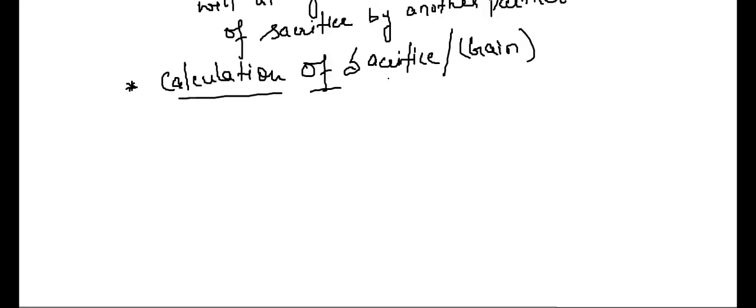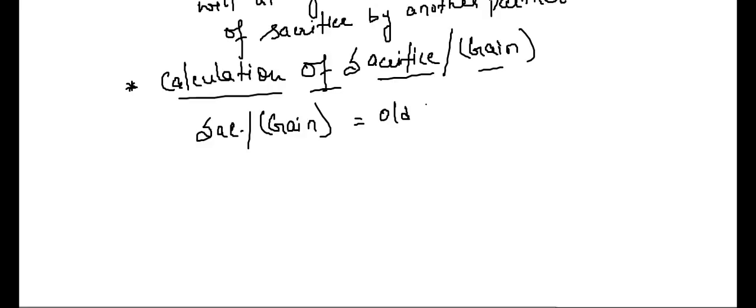How to calculate this? There is a simple formula for calculating sacrifice or gain. This is old share in profits of a partner subtract new share.